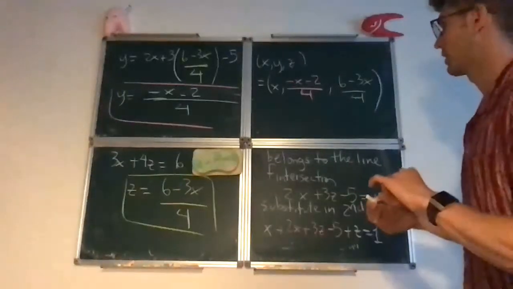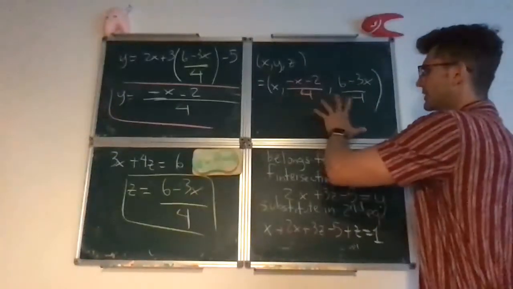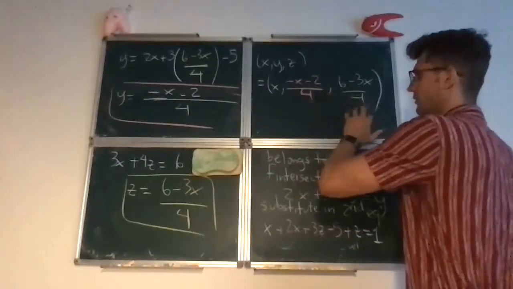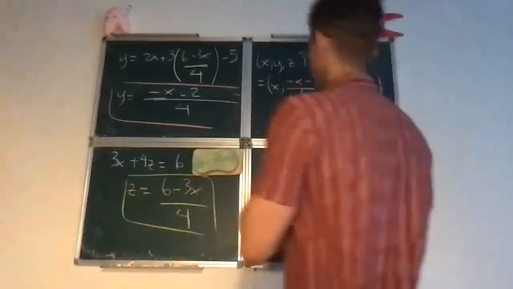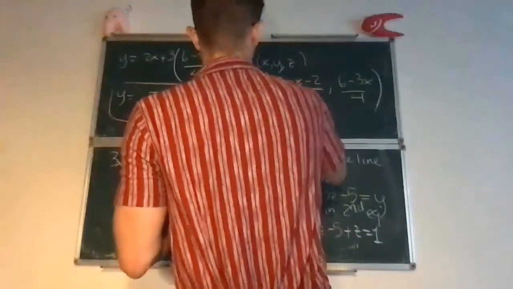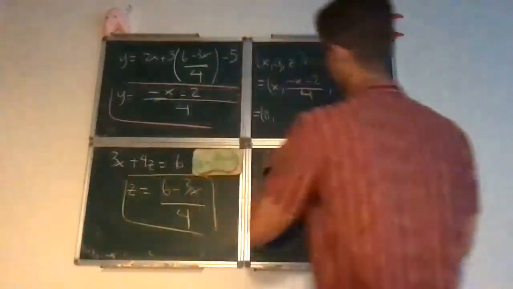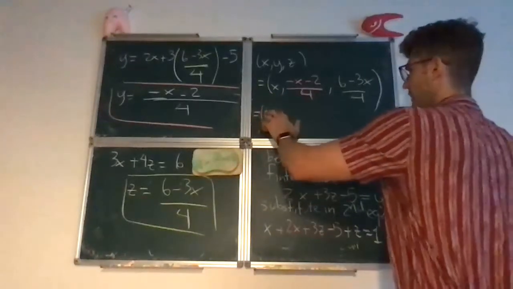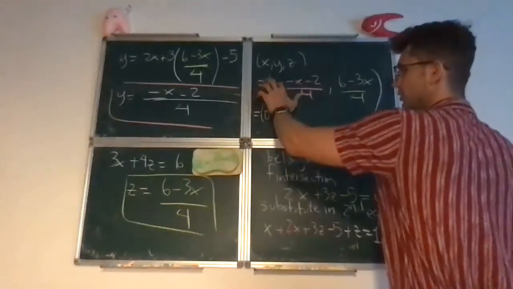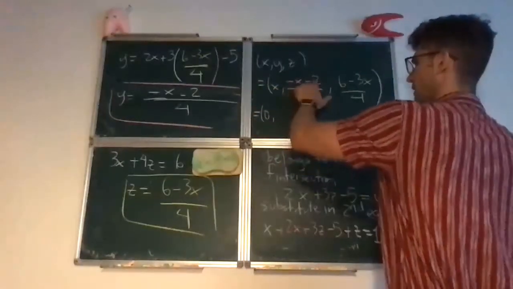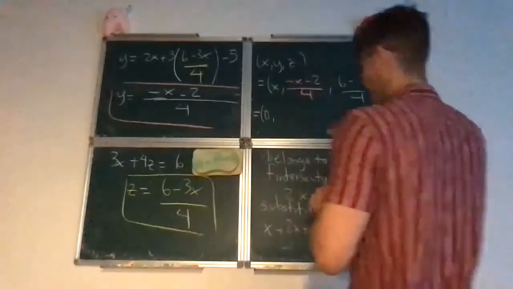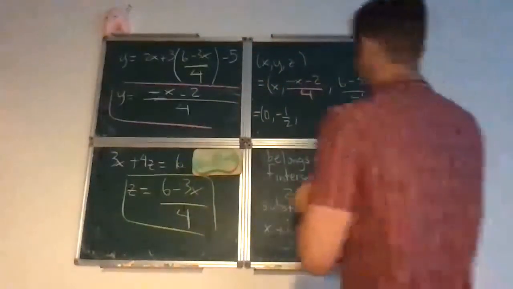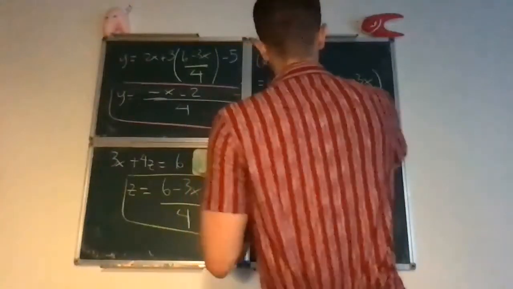And now I'll split this vector into two vectors, one that has nothing involving x, and the other with everything related to x. Let me put first the constants. So this is like 0 plus x, so I'm putting 0. This is negative 2 over 4, which is minus 1/2. This is 6 over 4, which is 3/2.